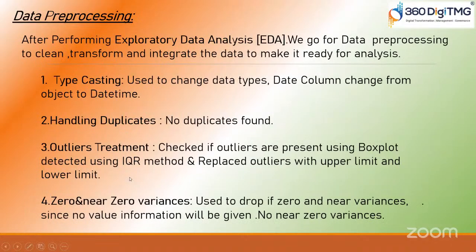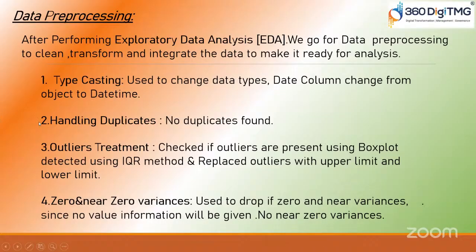So next, data pre-processing. After EDA, we clean and transform the data: typecasting, handling duplicates, outlier treatment, and zero and near-zero variance. After performing EDA, we go for data pre-processing to transform unorganized data into organized data. What is typecasting?